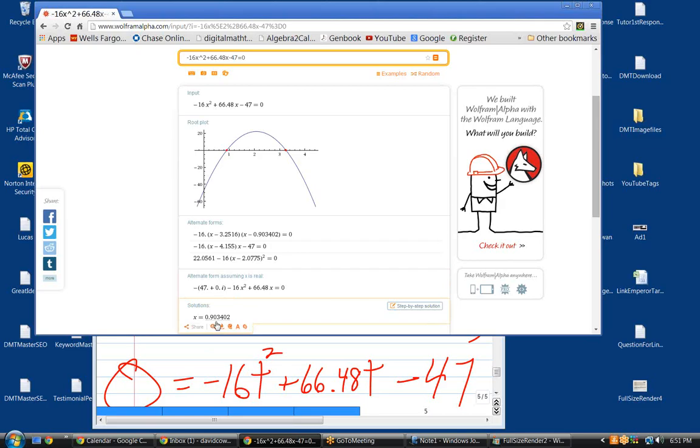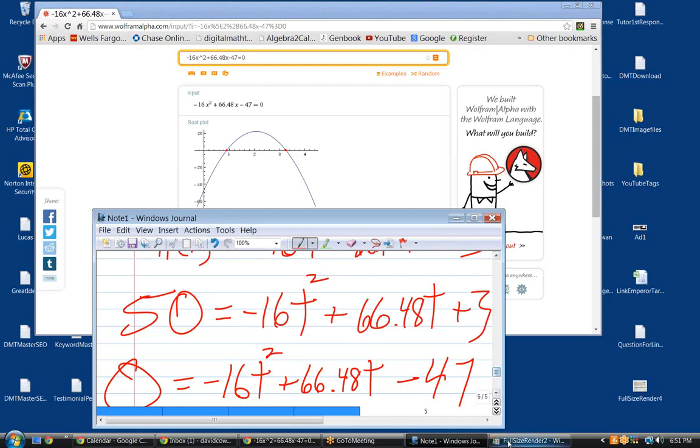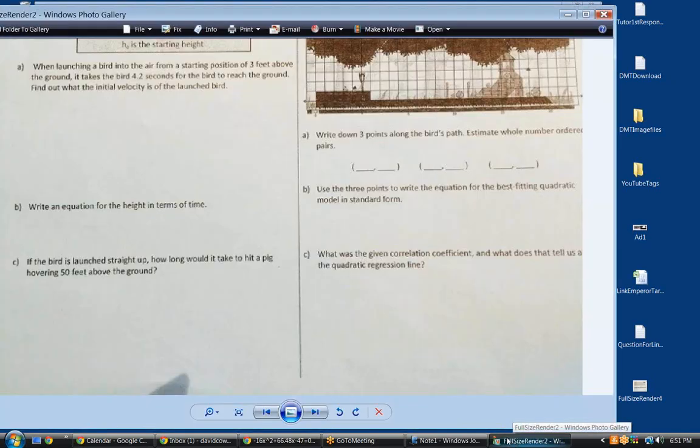That's fine. And that makes sense. Notice that the velocity is 66 feet per second. So if the pig is only 50 feet in the air, then we should hit it in under a second. Right. I guess you got gravity working against you, but all right.